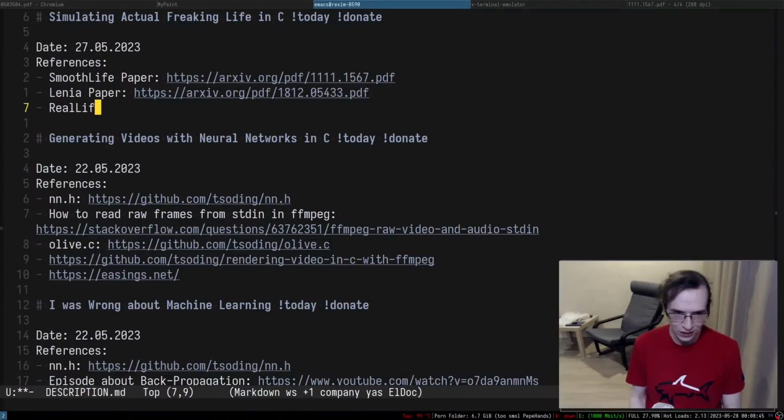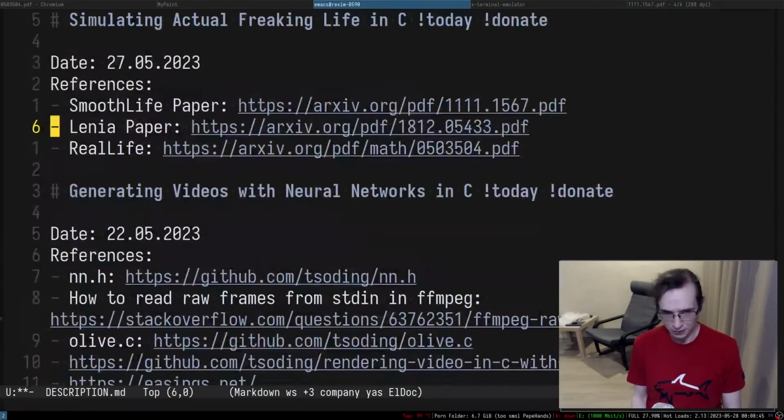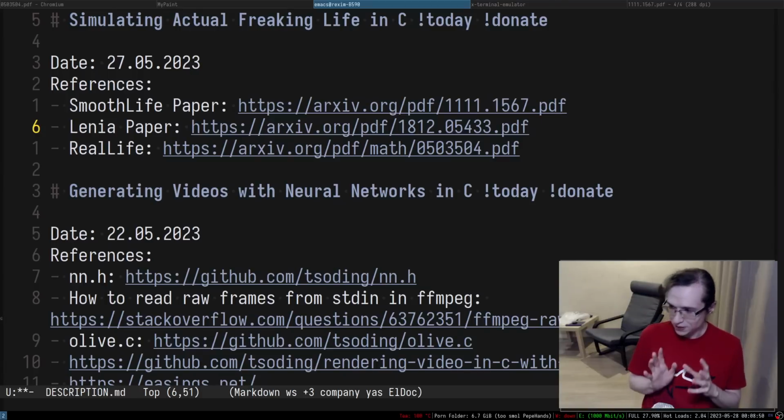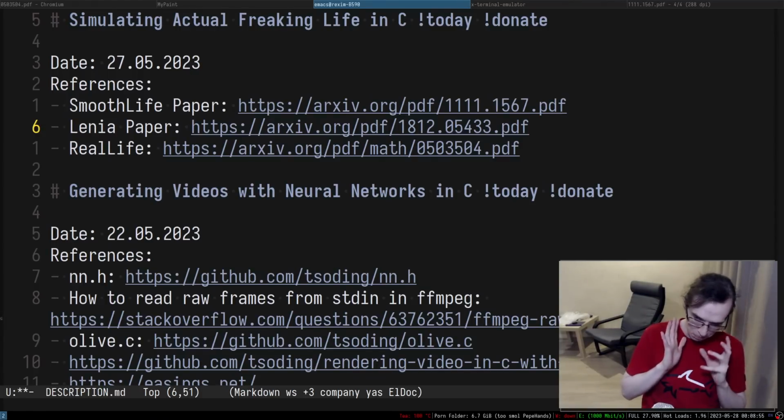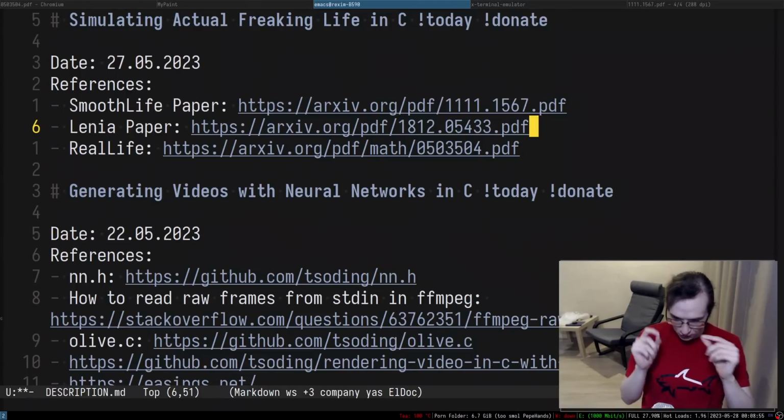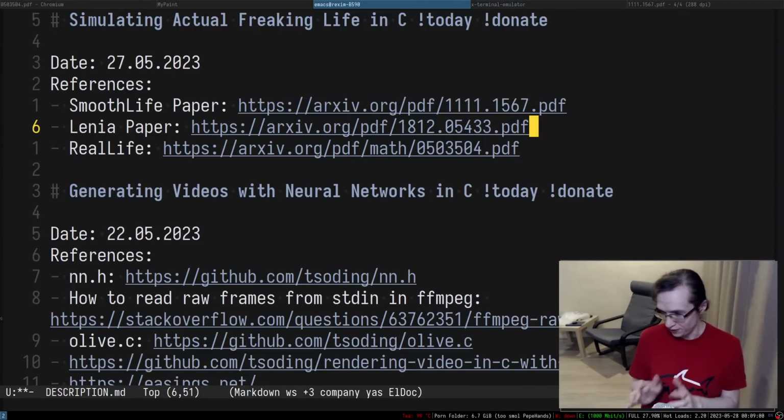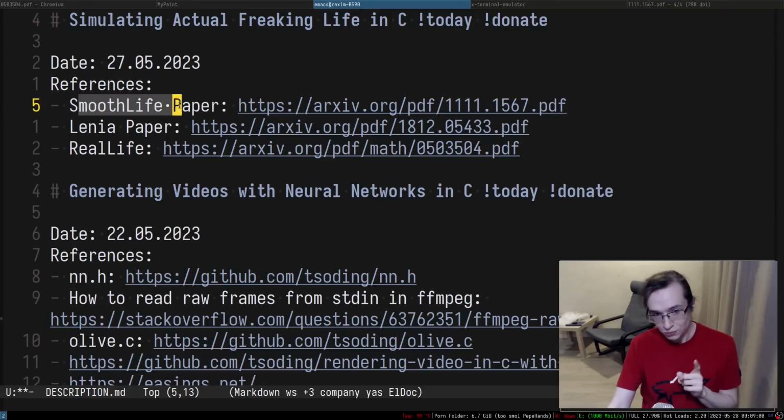So the thing about the Lenia paper is that it looks a little bit intimidating, right? But if you actually sit down and ponder upon the formulas and definitions and connect the pieces together, it makes a lot of sense. In fact, I managed to understand the SmoothLife paper way better because I tried to read the Lenia paper first.